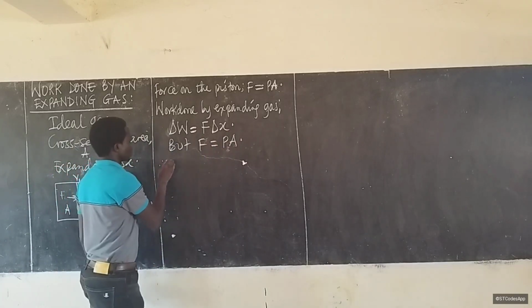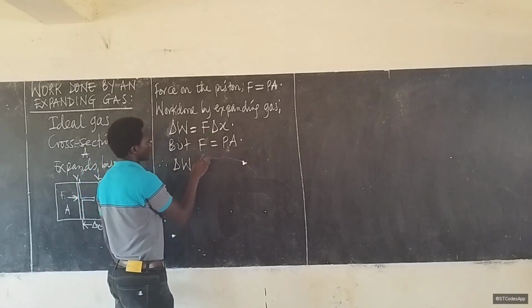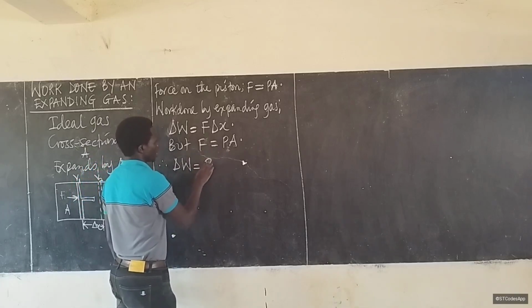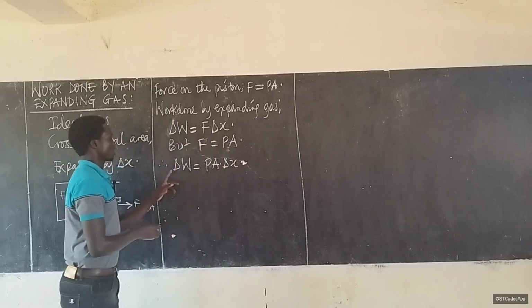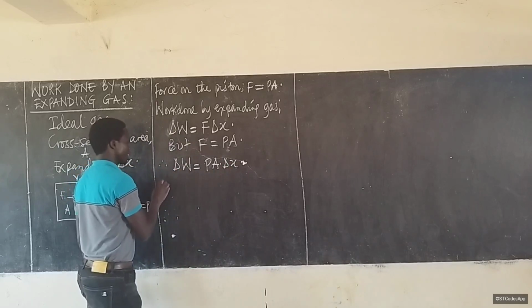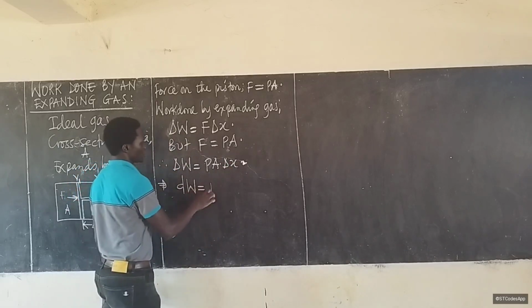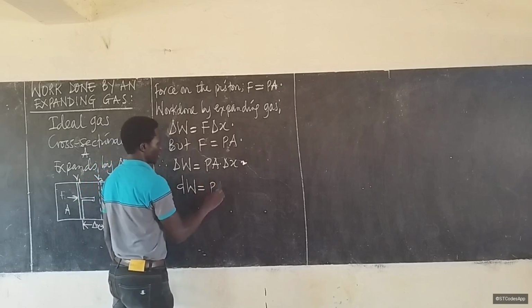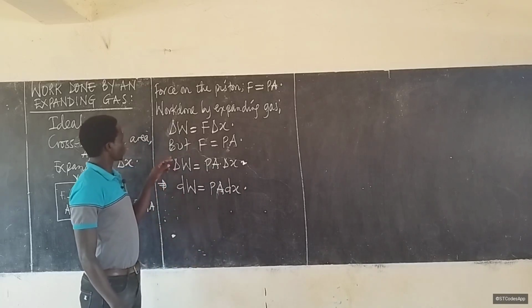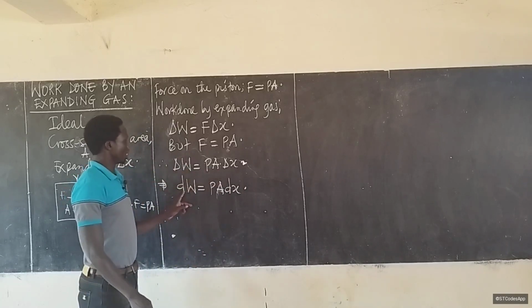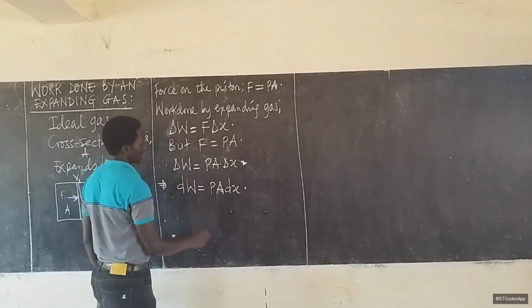So this means we shall have that change in W is equal to F, which is PA, times change in x. I can change from delta to d, all the same: d W is equal to P A dx. Small change in work, small change in x.